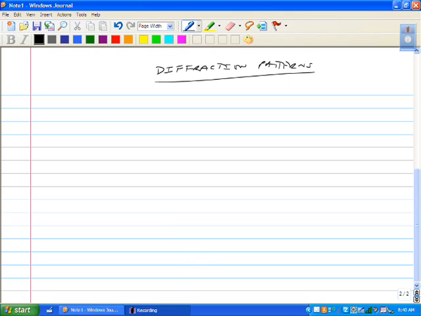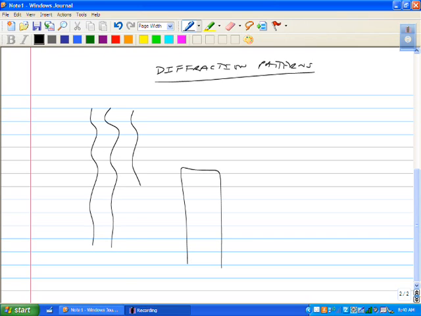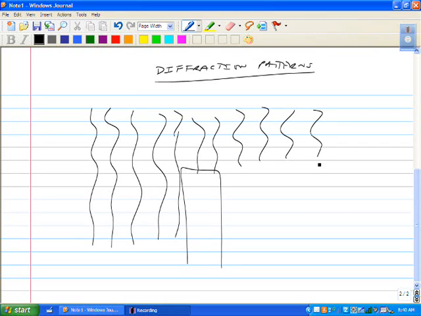So if I have a wave coming around here, then what you might expect to see, if you don't understand diffraction, is that the bottom half of the wave gets cut off and carries over like that.